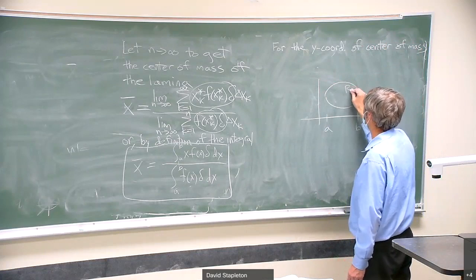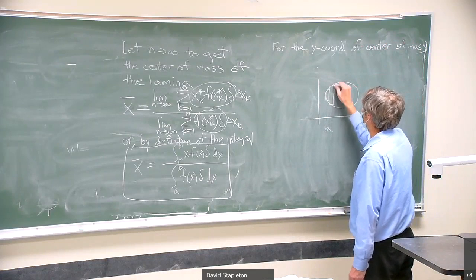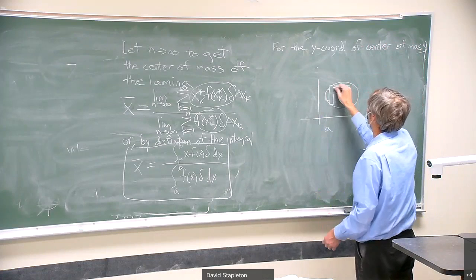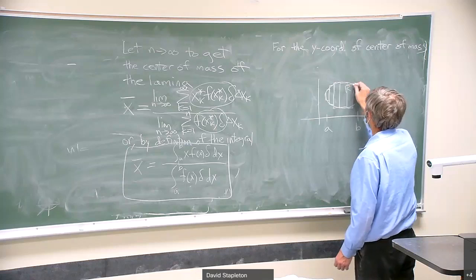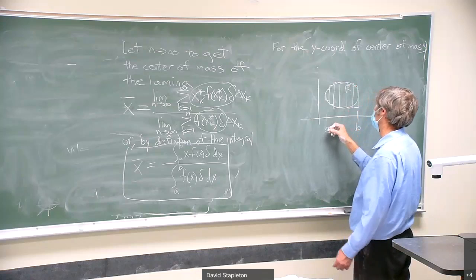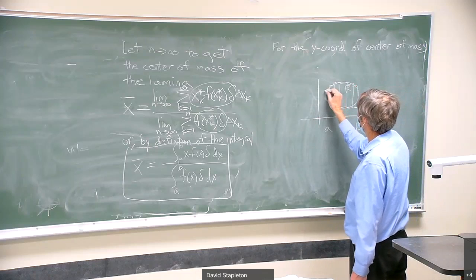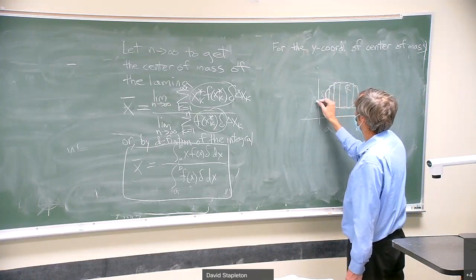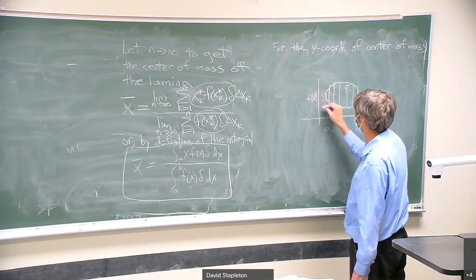There's your plane region R. We're going to still break it up into little rectangles like this. How will I find the balancing point along y if the rectangles are like this? It's the same setup as before. I just have to redraw this with a y coordinate. What you do is you say, well, this one has height f of x1 star still.